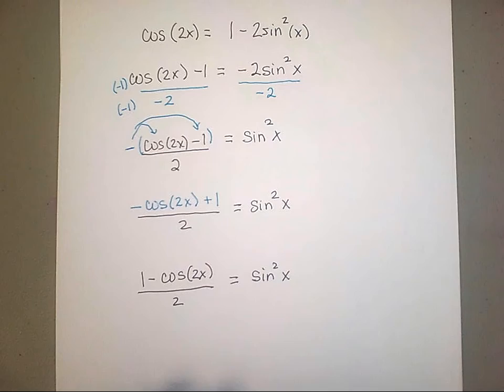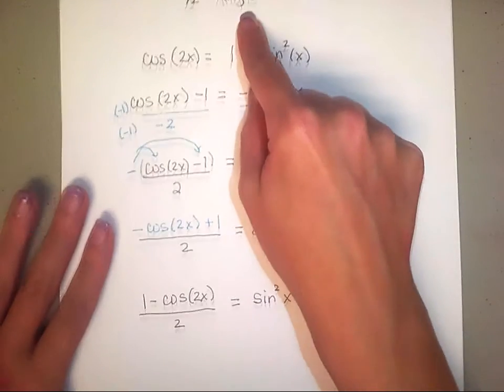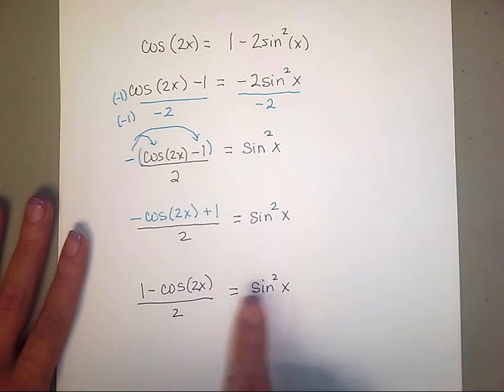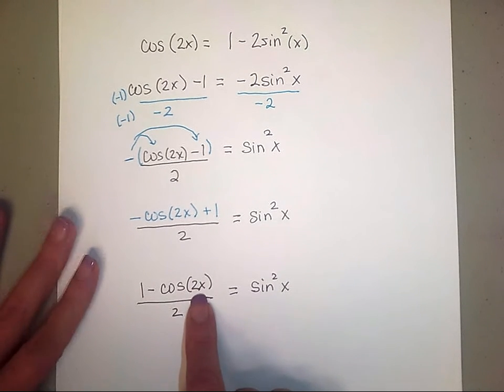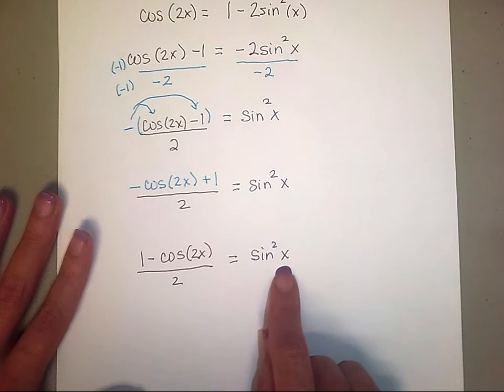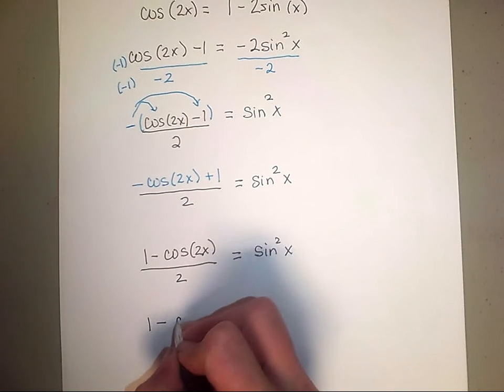Now I want to think about things in terms of a half angle. Right now we're thinking in terms of a regular angle, a single angle, and a double angle. So this angle is twice as much as this one. I can do a substitution here.